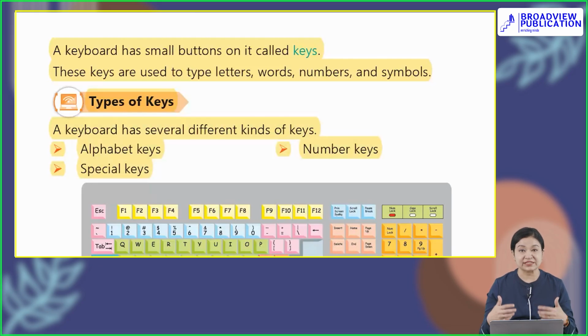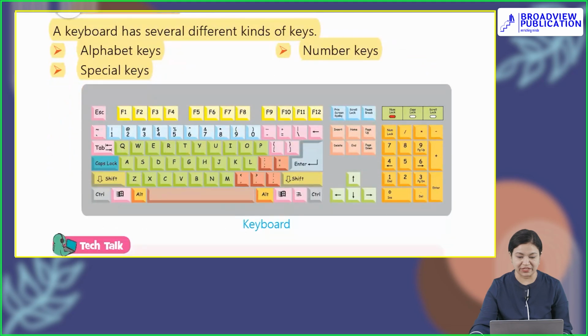A keyboard has several different kinds of keys. Some are alphabet keys, some are number keys and some are special keys, as you can see in the picture given below. Yes, this is the picture of a keyboard. See, there are so many keys: functional keys, symbol keys, alphabet keys, number keys.